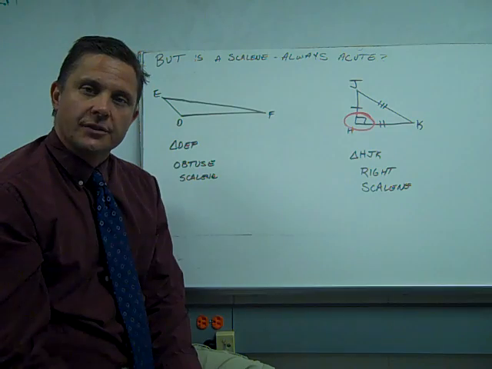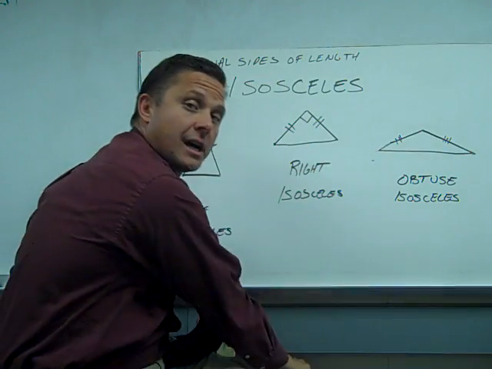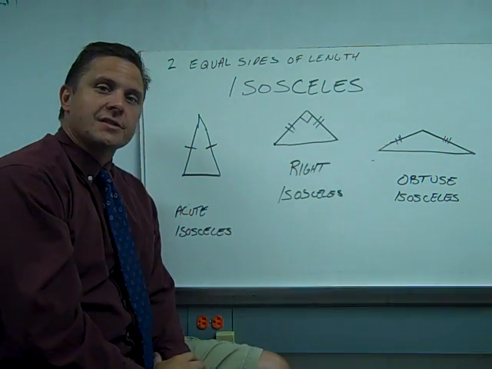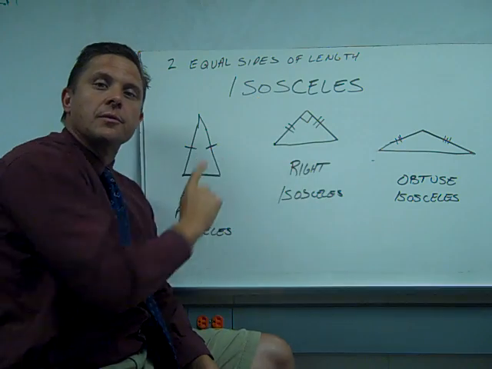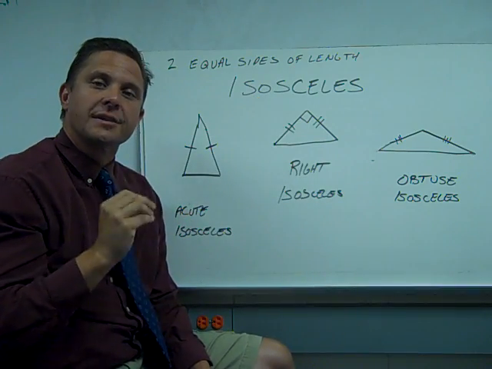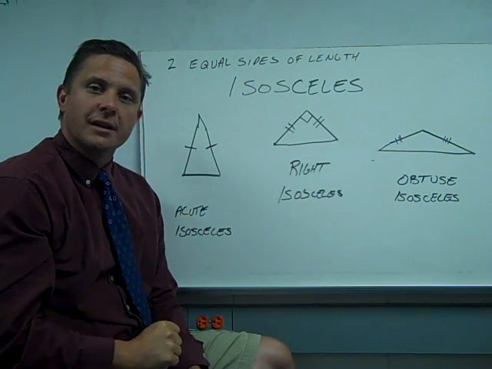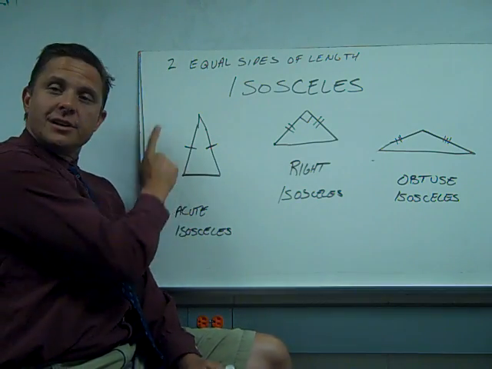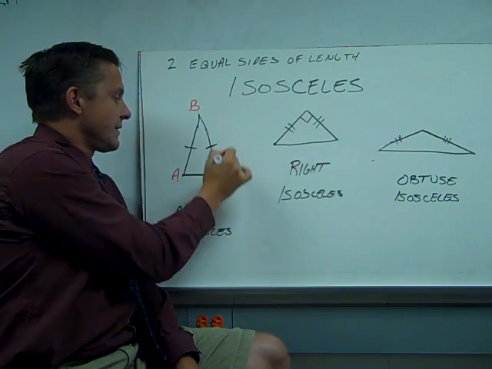Well, what if two sides of the triangle are the same? When we have two sides the same, we have an isosceles triangle. Again, that is when you classify it by sides. Again, we also can classify by angle. So we can have an acute isosceles triangle, which again I could call ABC in this case.